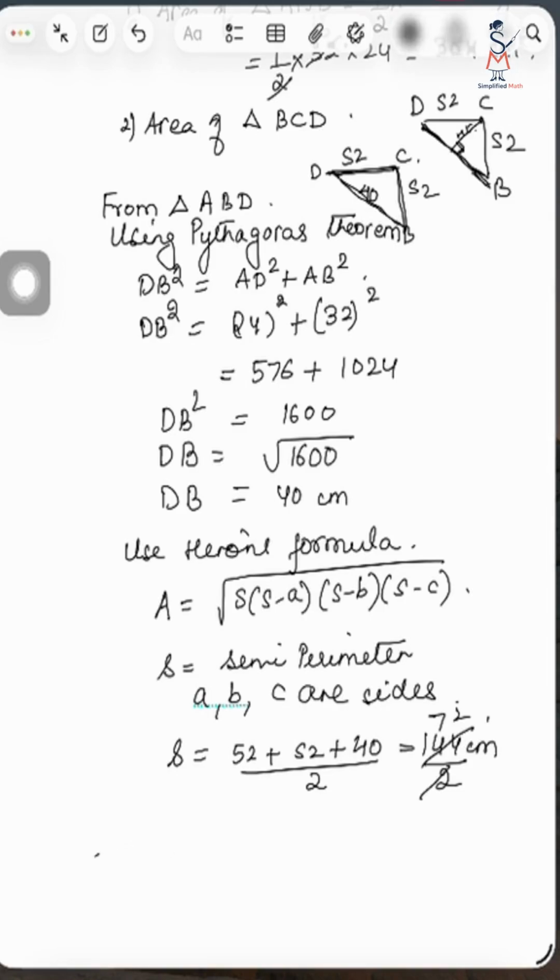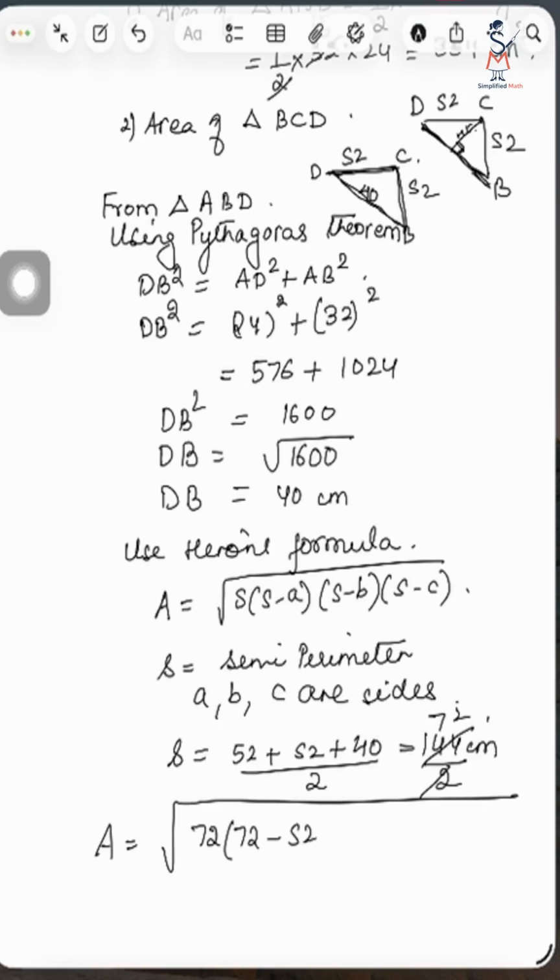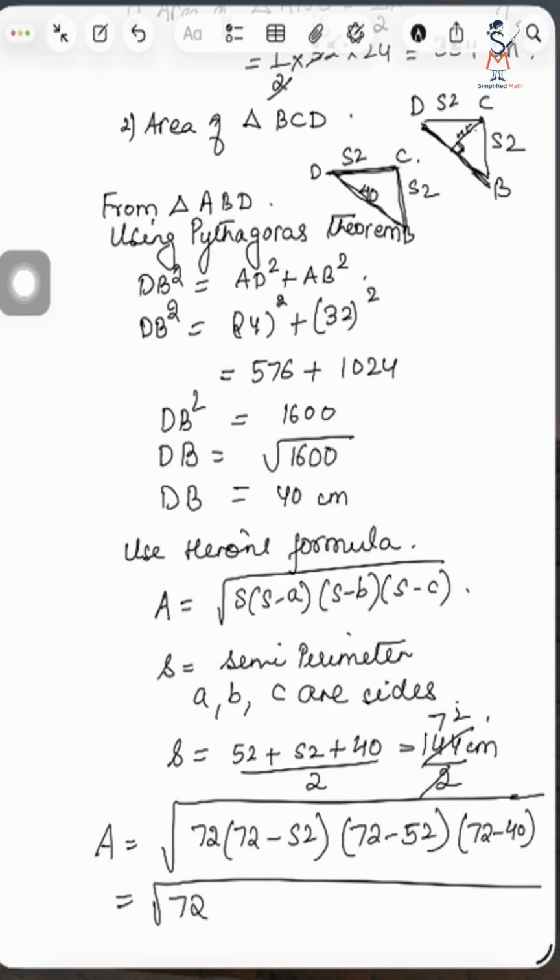Now we will put the values of S and A. A can be any of the sides, B can be the second side, that is 52, and the third side which we calculated as 40. So this is 72 into 72 minus 52, that is 20, 72 minus 52, 20, and 72 minus 40 becomes 32.